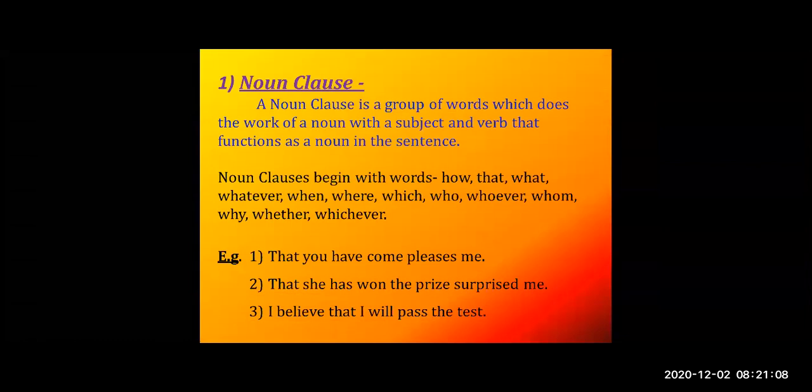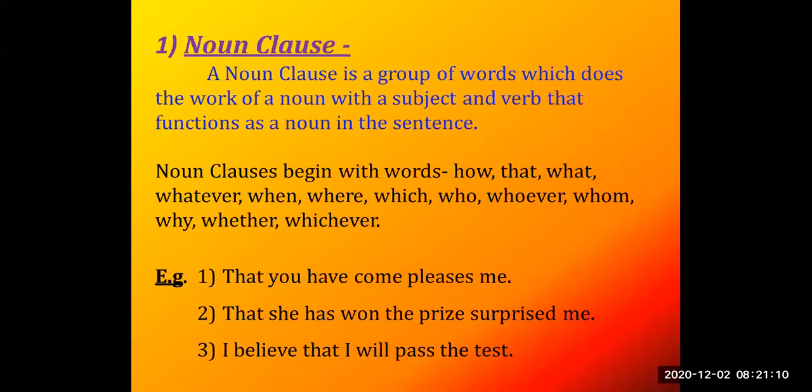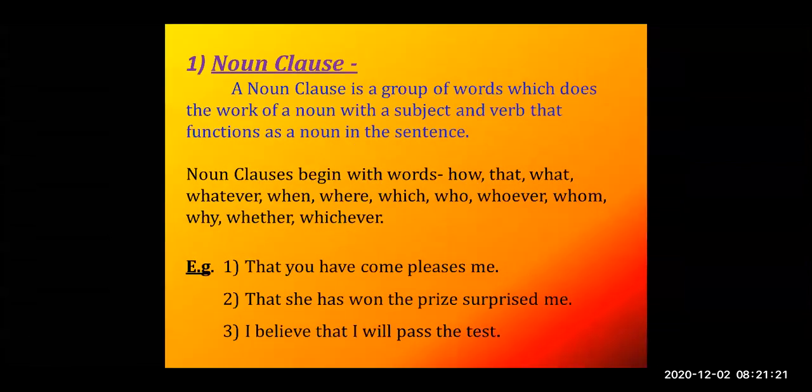Now let's see the definition of noun clause first. Then we will move towards the examples. See, a noun clause is a group of words which does the work of a noun, with a subject and verb, that functions as a noun in the sentence.